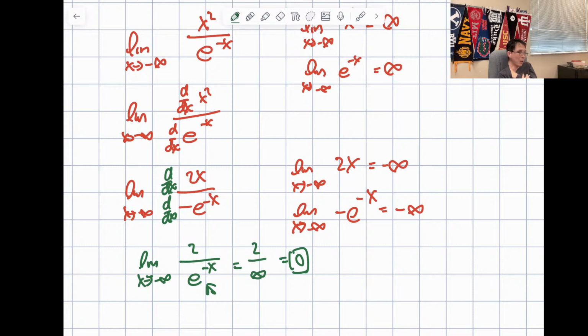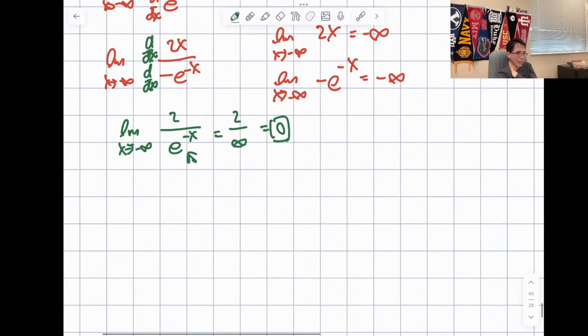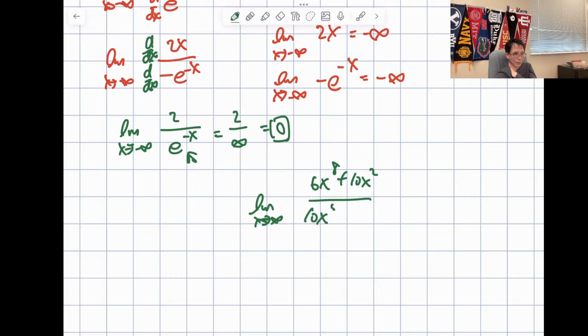And that's the funny thing, like this question. Limit as x approaches infinity of, let's say, 6x to the 8 plus 10x squared over 10x to the 8 plus 5x to the 3. If you reach infinity, in this particular question, guys, pay attention.